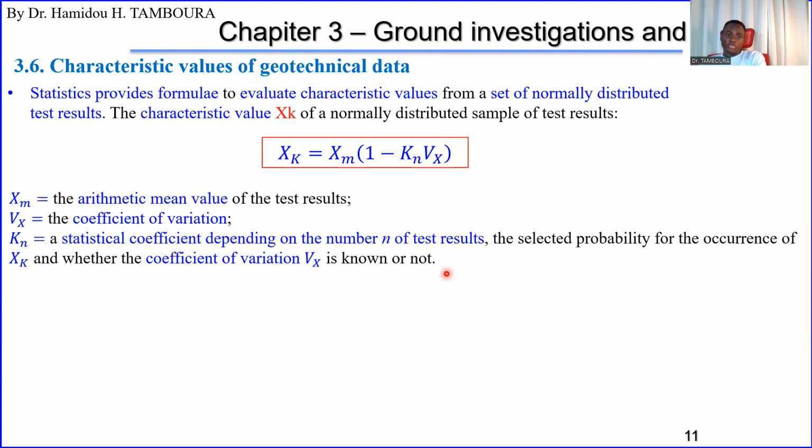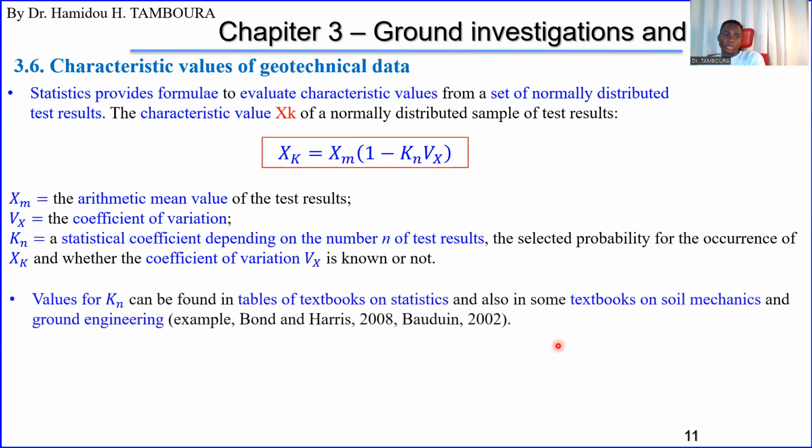So that's the meaning of this formula. The coefficient of variation also, maybe you should know. This part of this chapter is really related to statistics, so you should have good vocabulary of statistics to understand it.